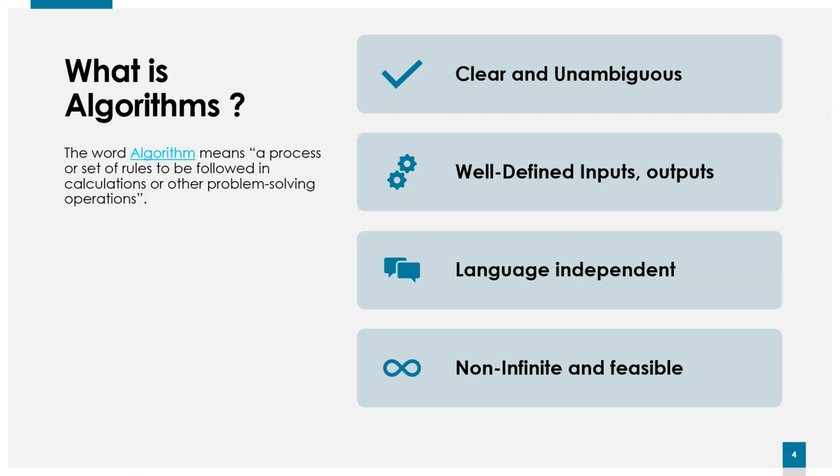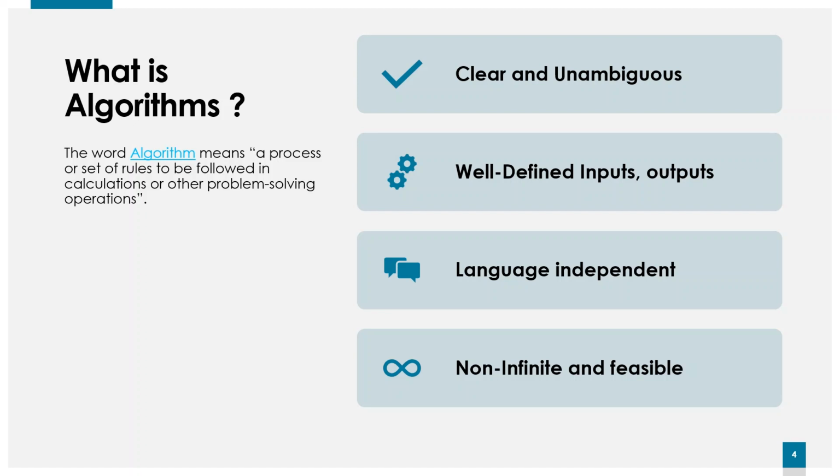We will talk about these things later, but in general, an algorithm should be clear and unambiguous. So it should be clear and easy to understand, with well defined inputs and well defined outputs. So the inputs of the algorithm should be clear, what you're going to input and what you are expecting, so that you can implement that in your program easily.